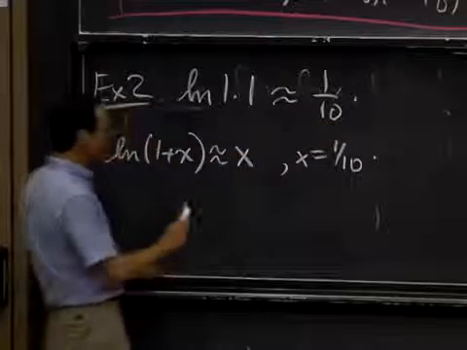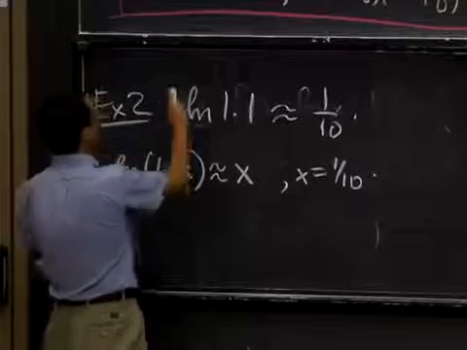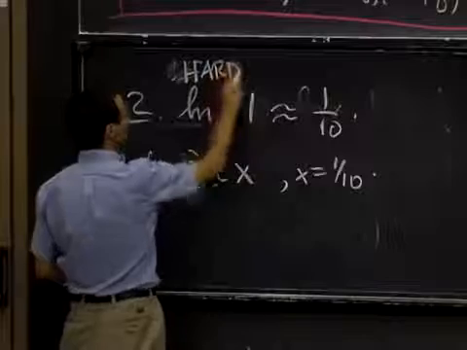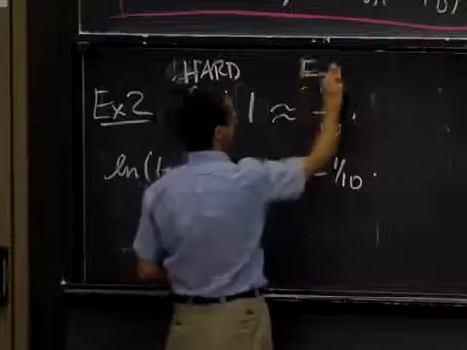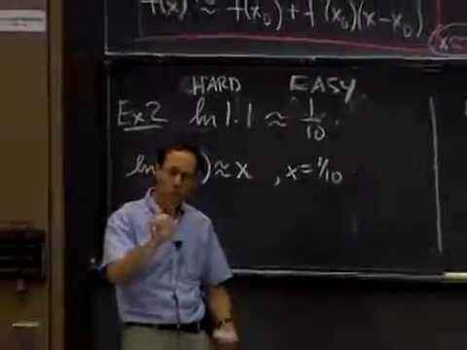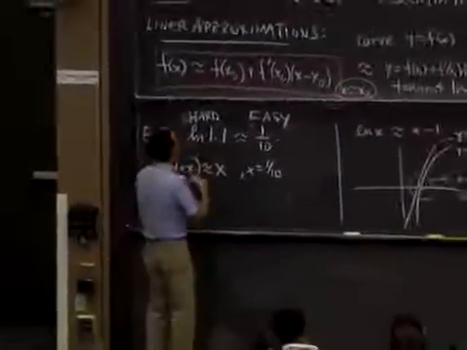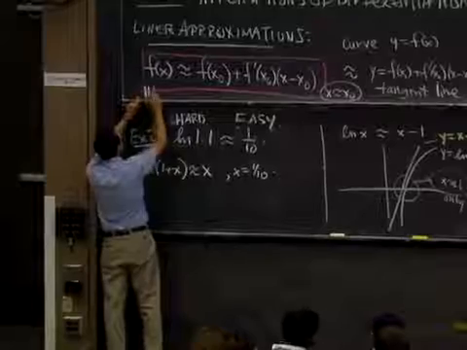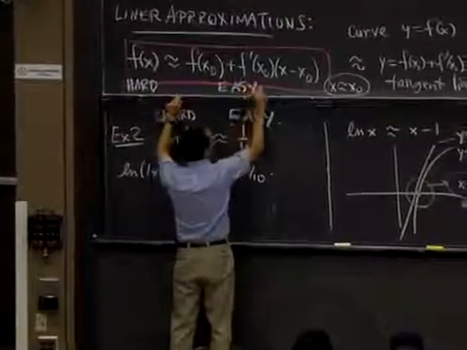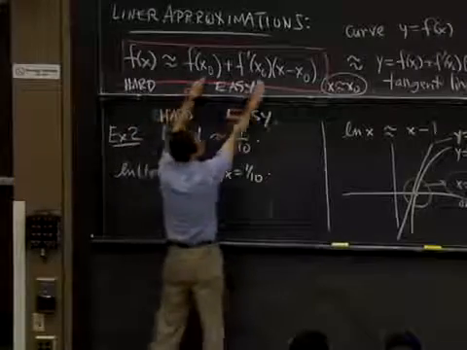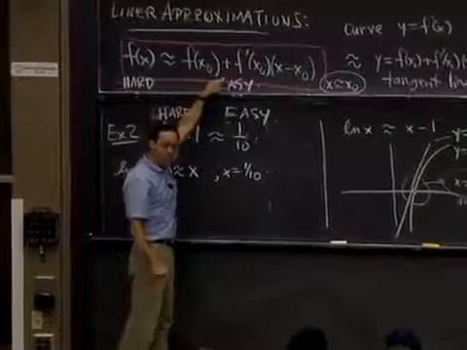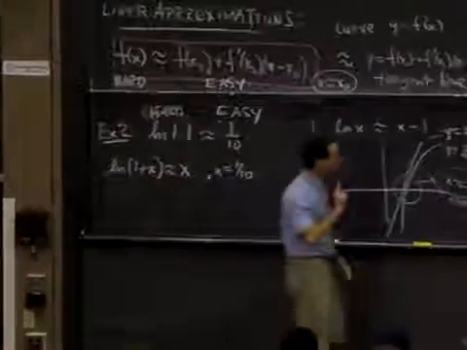So the distinction that I want to make is that this is hard, and this is easy. Now, that may look contradictory, but I want to just do it right above as well. This is hard, and this is easy. This looks uglier, but actually this is the hard one. And this is giving us information about it. Now, let me show you why that's true.